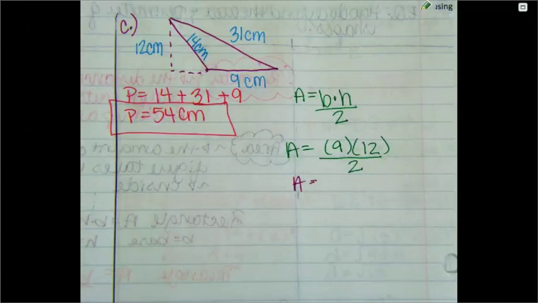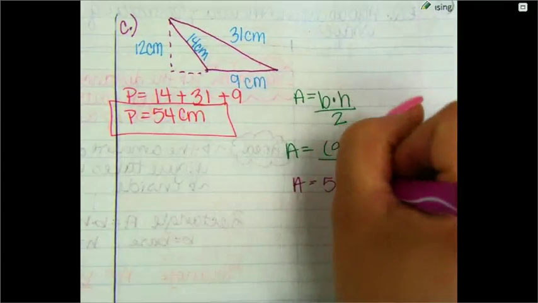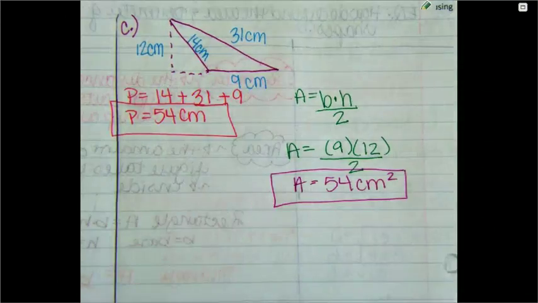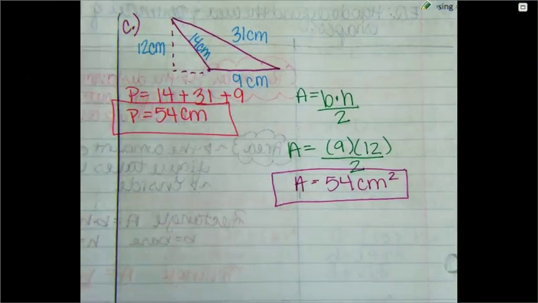What's 9 times 12? 108 divided by 2? 54 centimeters what? Ooh, that was crazy. They're the same. Almost. Oh, weird. We good? Questions? All right, I'm done.